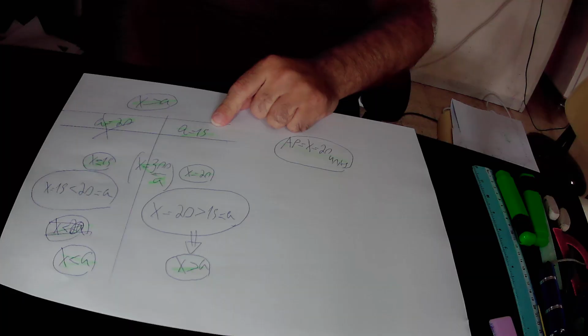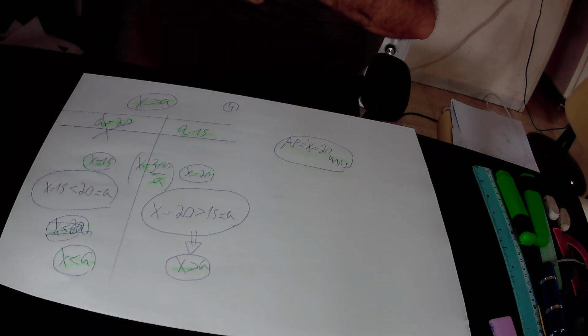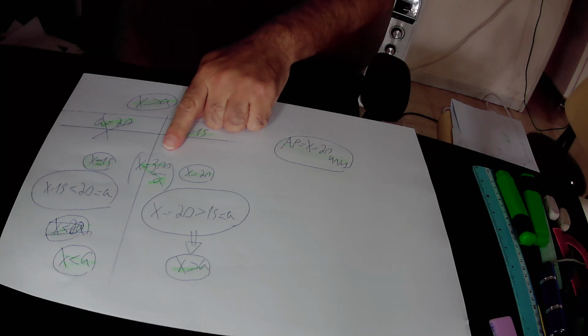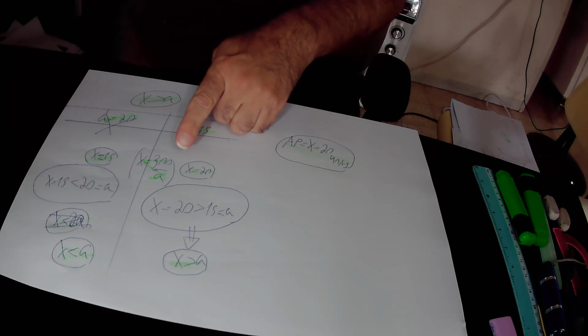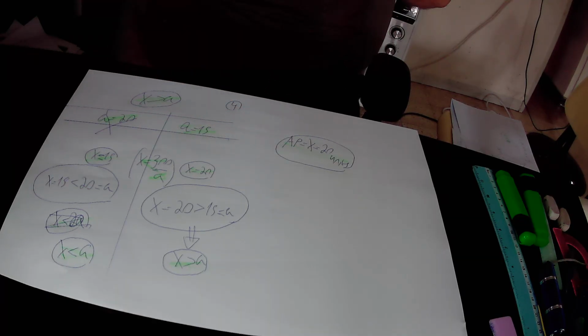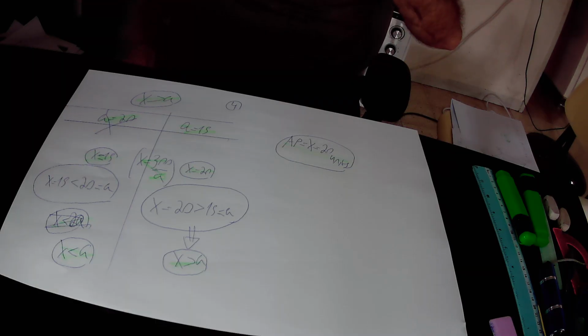Likewise, if A equals 20, then X must be equal to 300 over 20, that is 15.